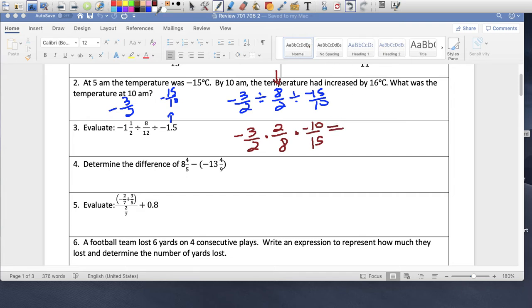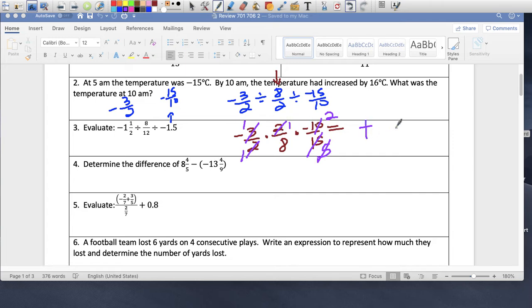There's a lot of simplifying that I can do. This 2, I can divide with these 2. So 2 divided by 2 is 1, and 2 divided by 2 is 1. So those 2 simplify to 1. And this 3 here, 3 divided by 3, I'm going to get 1. 15 divided by 3, I'm going to get 5. And then the 5 and 10, 10 divided by 5, that's going to become just 2. So it's a negative times a positive, which is a negative, and then negative times a negative is a positive.